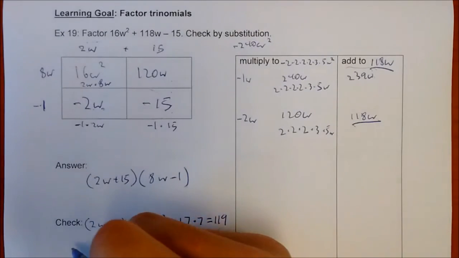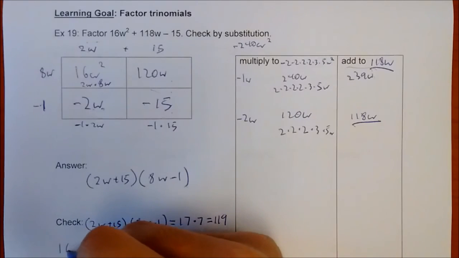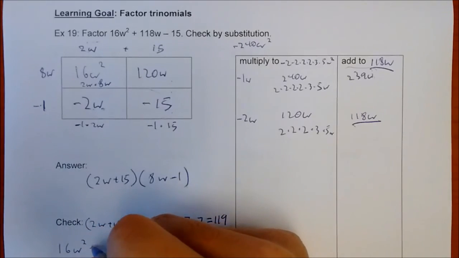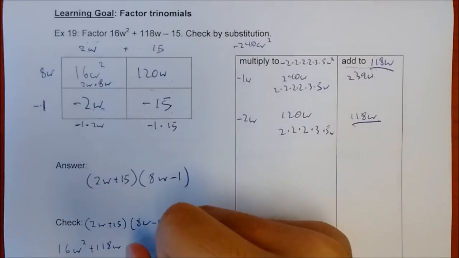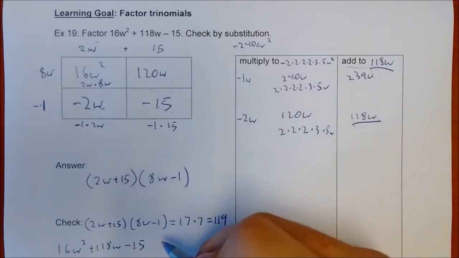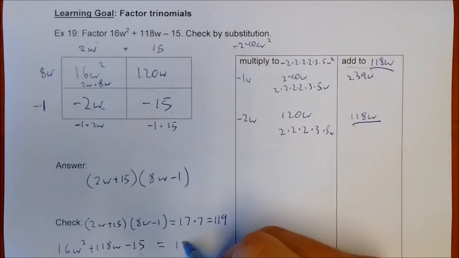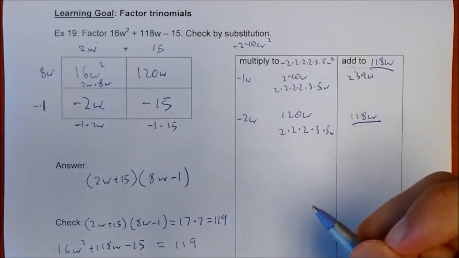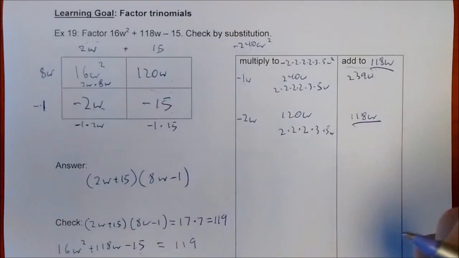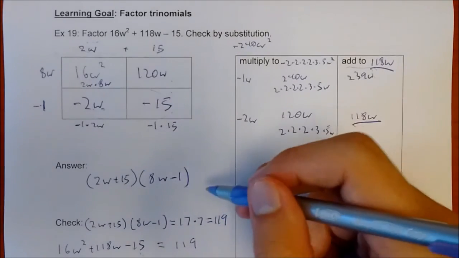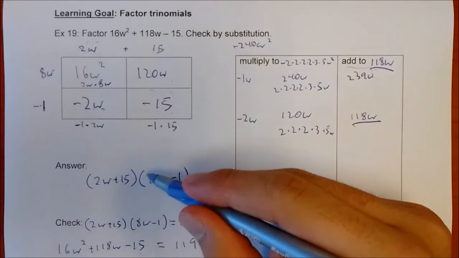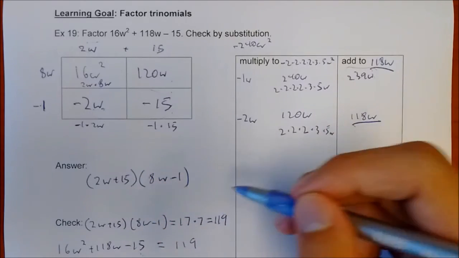And for our original expression, 16w squared plus 118w minus 15 for w equal to 1 is going to equal 16 minus 15 is 1, plus 118 is 119. Because we have checked our work for w equals 1, we can be reasonably sure that our answer of 2w plus 15 times 8w minus 1 is correct.